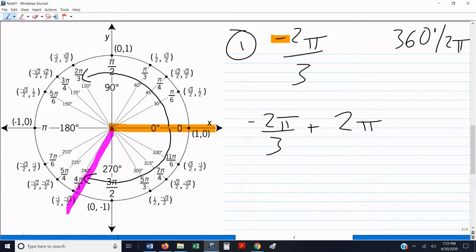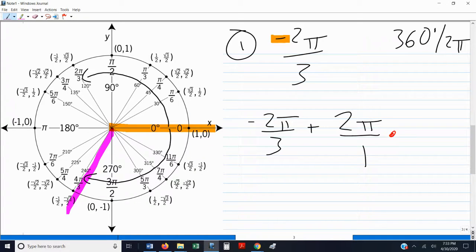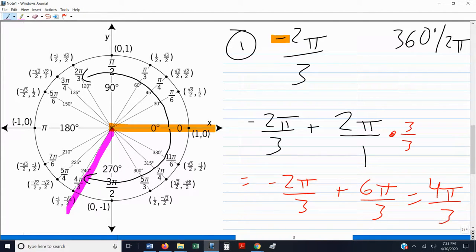This requires you to find a common denominator. We're going to use 3 as our common denominator and multiply by 3 over 3. So we get negative 2 pi over 3 plus 6 pi over 3. And that leaves me with 4 pi over 3.